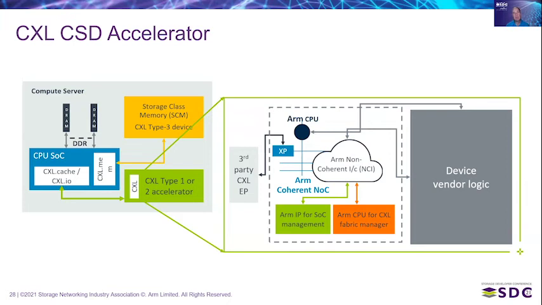And so we've expanded that green block to the larger diagram on the right that shows, in the very large gray block on the far right, labeled device vendor logic, the computational storage drive and the functions that we are familiar with today. And then the dashed box is everything needed to connect from a third-party CXL endpoint IP into the device vendor logic and implement a complete CXL-based computational storage drive.